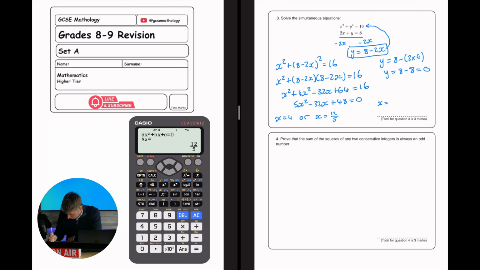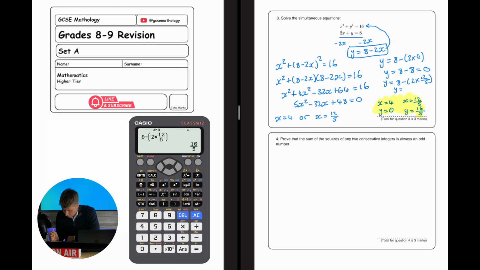So when x is equal to 4, y is equal to 0, and when x is equal to 12 over 5, if we do y equals 8 minus 2 times 12 over 5, put this into the calculator, go back to menu setup and to 1, 8 minus 2 times 12 over 5, and this is equal to 16 over 5. So those are our final answers.